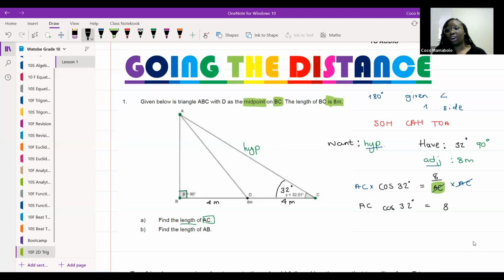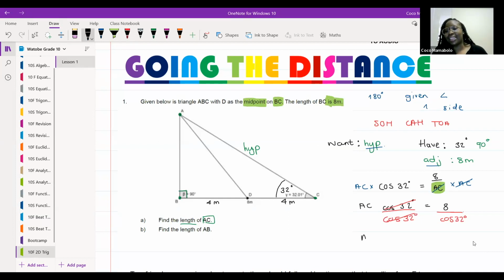Now I still want AC on its own. How do I get rid of cos of 32? Do we divide both sides by it? Cos 32. Beautiful. We're going to divide both sides by cos of 32. So that's how they did it.